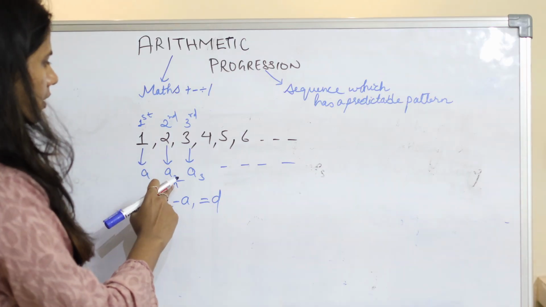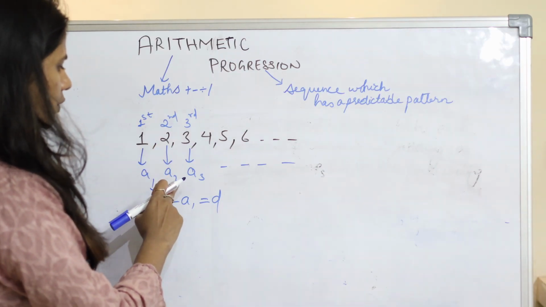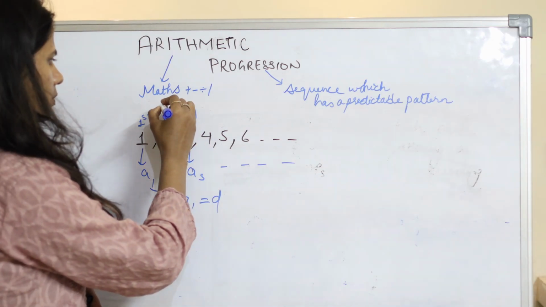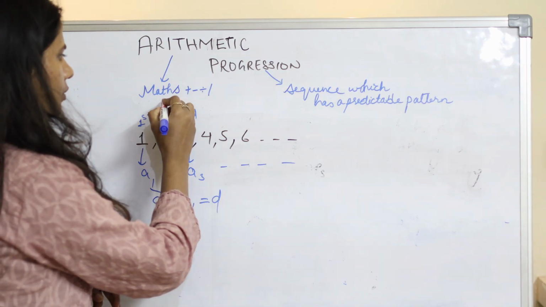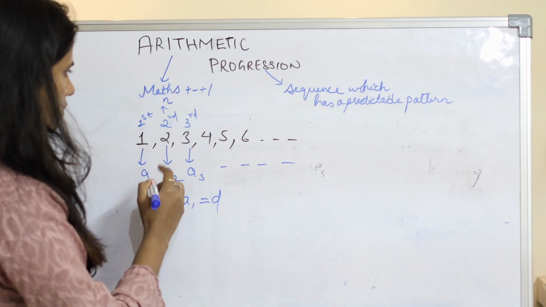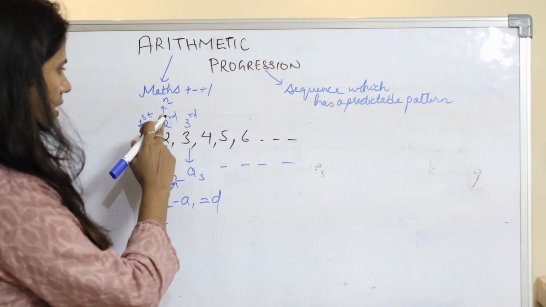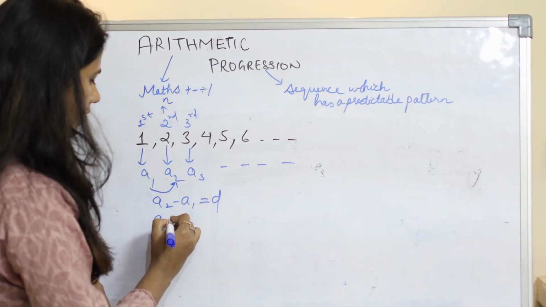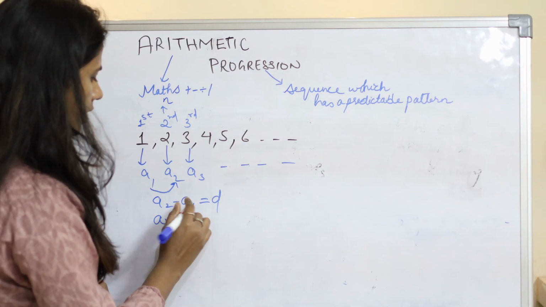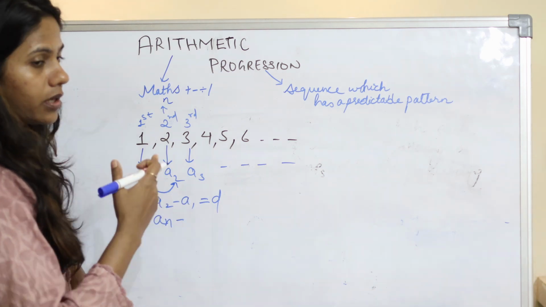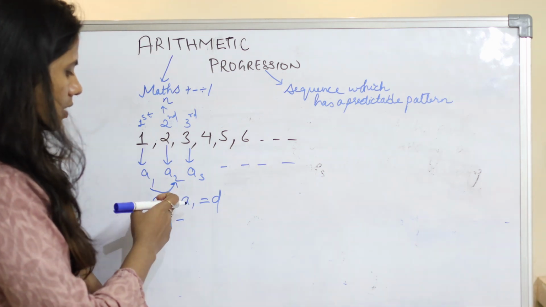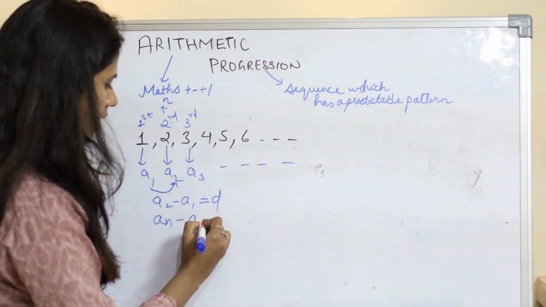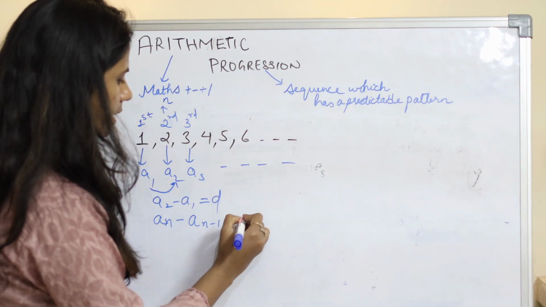If you want to calculate it for the second term, which is A2, I'm just mentioning 2 as n here. This is the nth term. So instead of 2, I'll use n here. An minus, A2 minus A1, one preceding term, so here it will be An minus A(n-1), which will be equal to D.